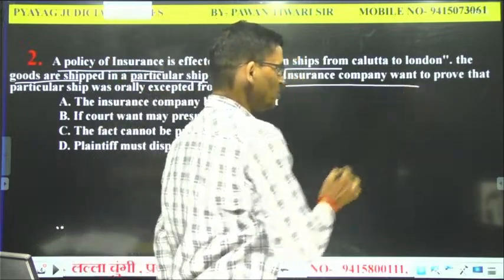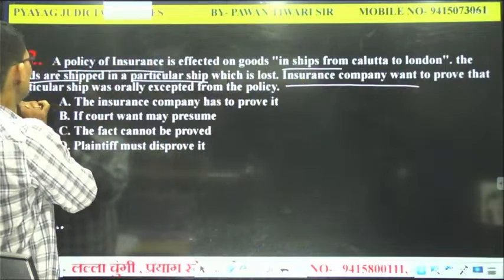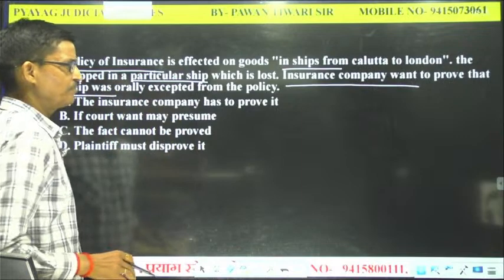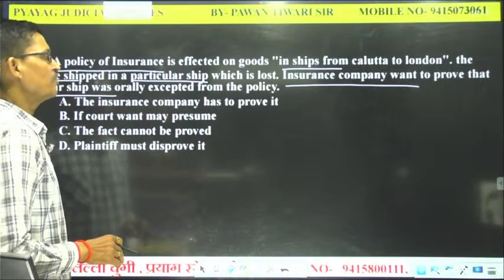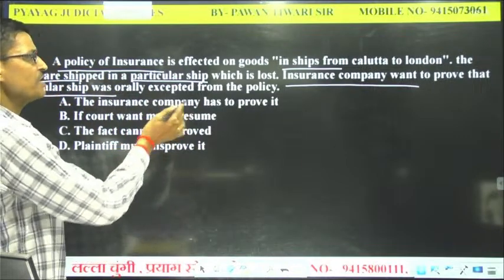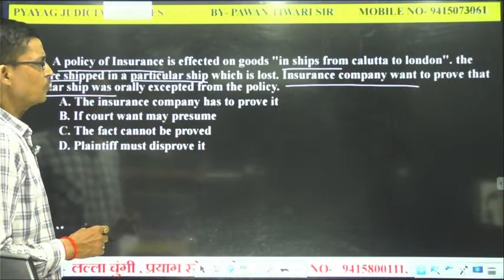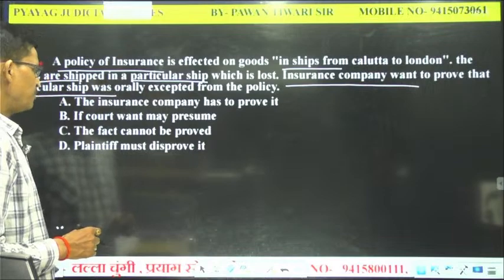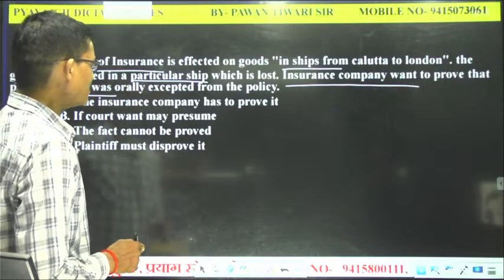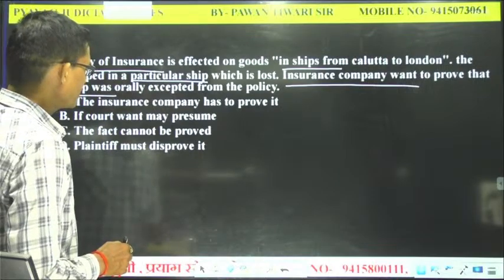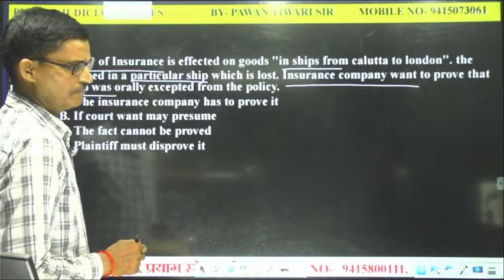Insurance company wants to prove that particular ship was orally excepted from the policy. The insurance company has to prove it. If court wants, may presume the fact cannot be proved, plaintiff must disprove it.